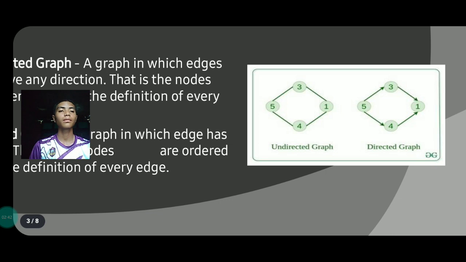Undirected graph, everything is connected. Then directed graph, connected but with arrows.